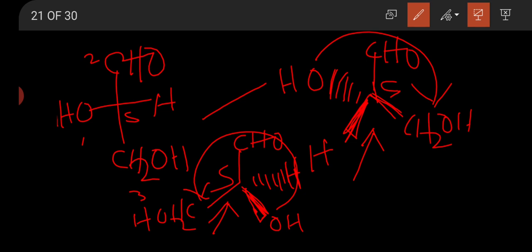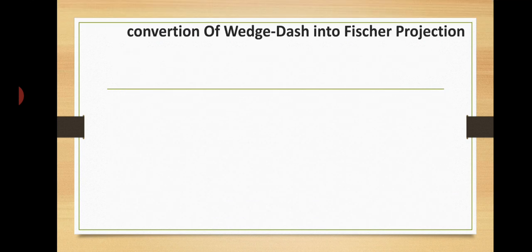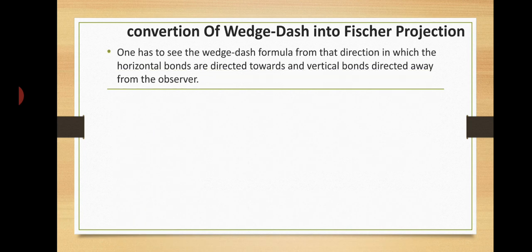Okay, next, conversion of wedge dash projection formula into Fischer projection formula. What are the rules?